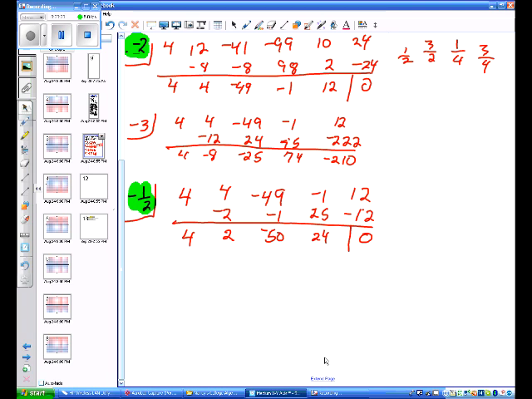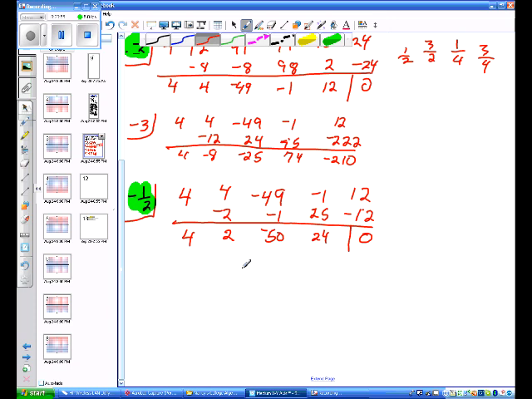We've got 4. Now, if you wanted to, you could factor out a 2 there because all of those are even, and we could divide it by 2 and that might make it easier. Or you can stay with the 4 and the 24. That part's just kind of up to you.